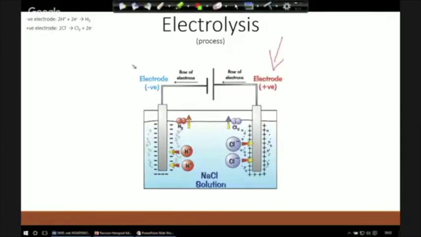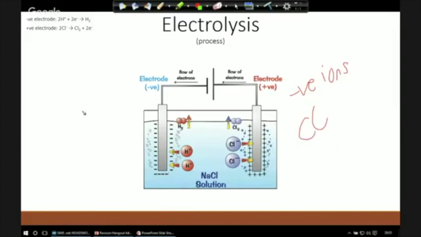Again, we've got a positive electrode and we've got a negative electrode, and we've got the flow of electrons. In this particular case, we're looking at sodium chloride. But again, the principles are exactly the same. We're going to have our negative ions, which are going to be attracted. Oxidation is loss. So we are going to find that chlorine is produced.